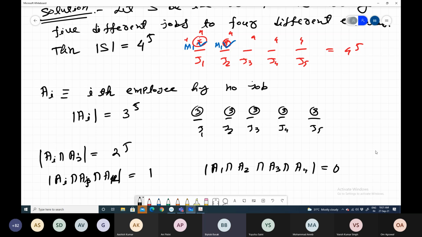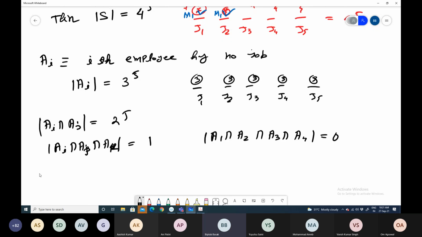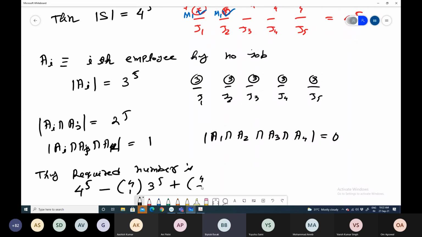So by the inclusion exclusion formula we have, thus, the required number is 4 to the power 5 minus 4 choose 1, 3 to the power 5 plus 4 choose 2, 2 to the power 5 minus 4 choose 3, 1 and plus 0.